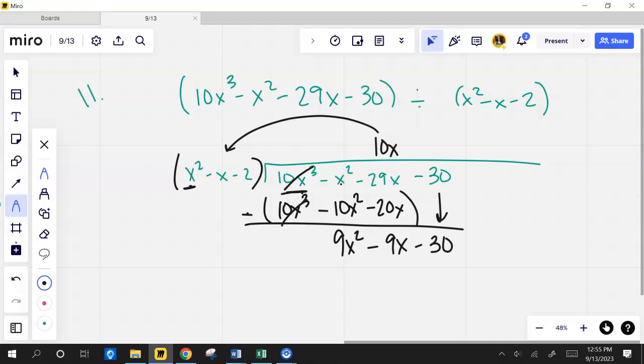Now what? What do you multiply that by to get that? X squared times what gives you 9x squared?